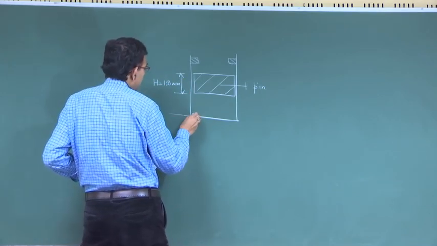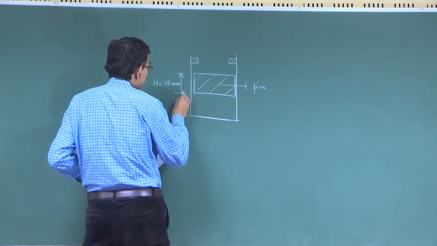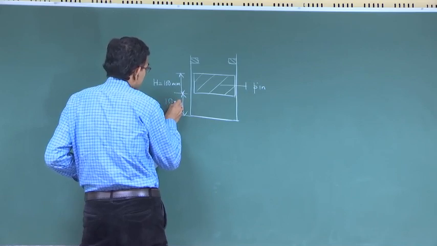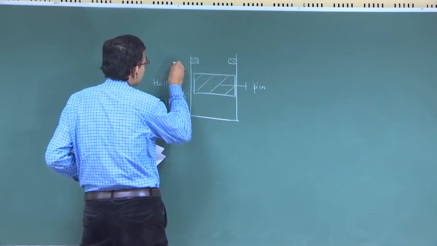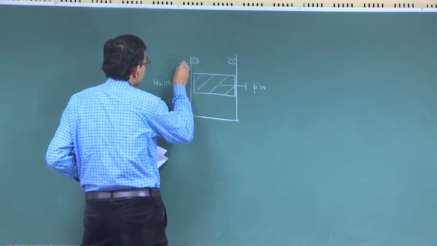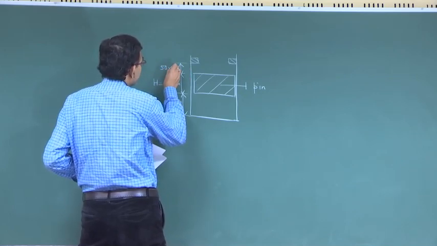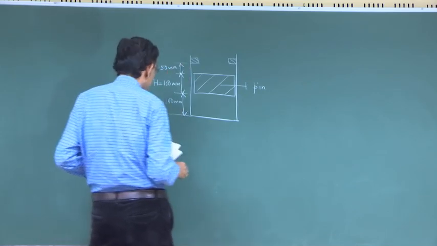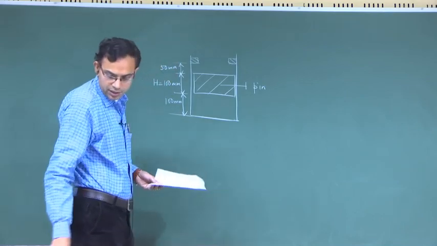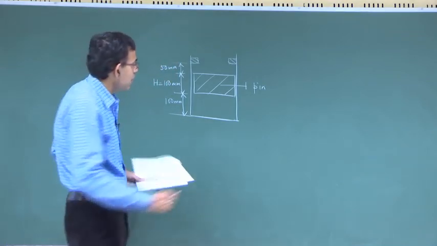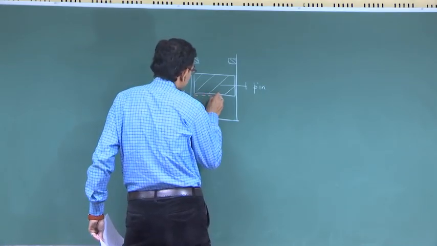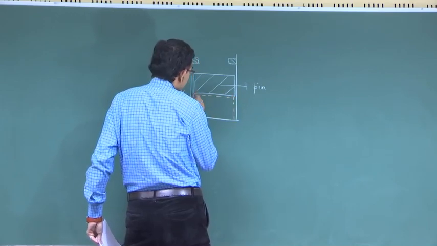Then you have again this as 100 millimeter and this as 50 millimeter. The system here is carbon dioxide, which we show by this dotted line.